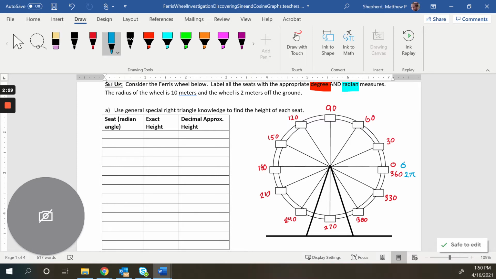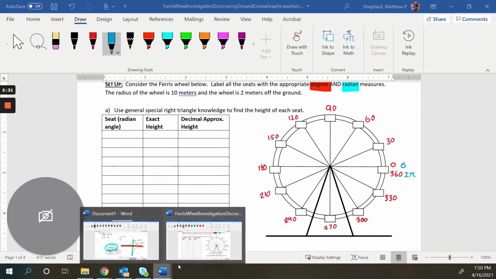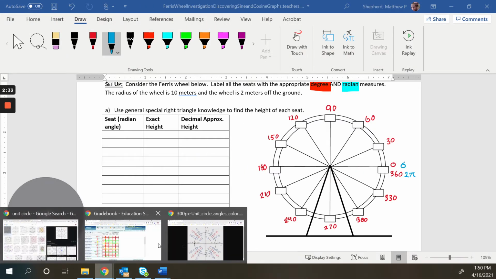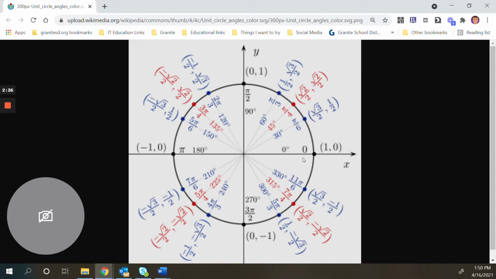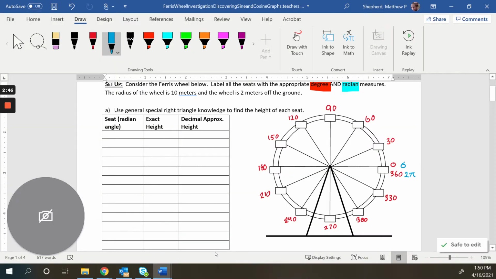And a lot of these I would just be taking off of the unit circle. Okay, now you can see where 30 degrees is. That's a pi sixth, then pi thirds. And so I'm largely going to be using a unit circle to figure this out. So pi sixth.